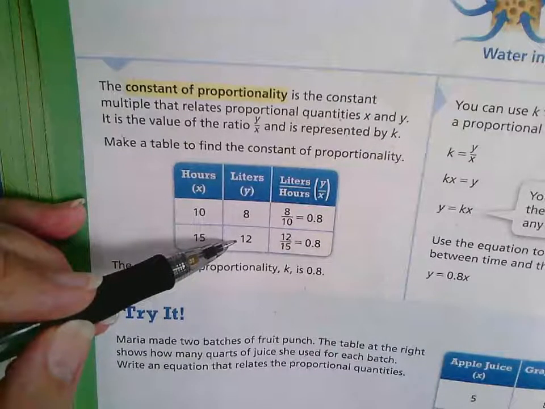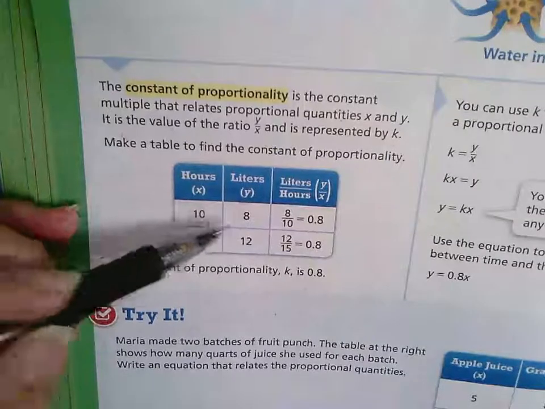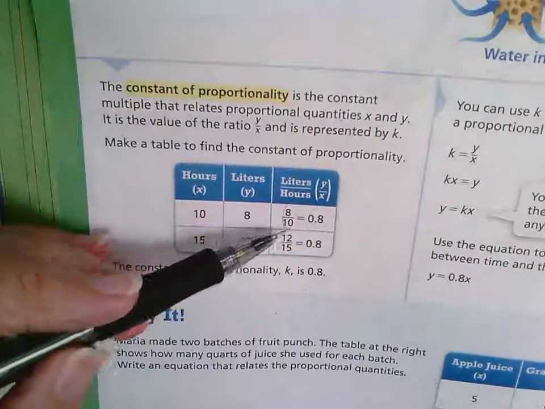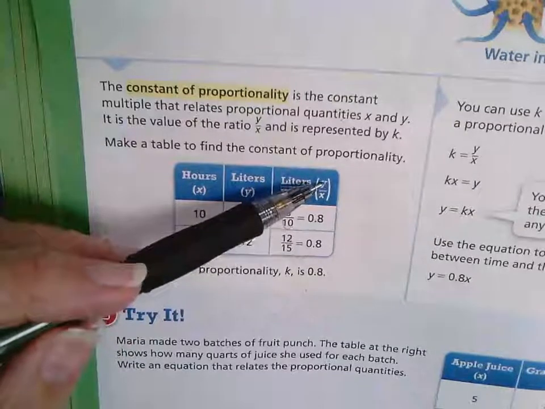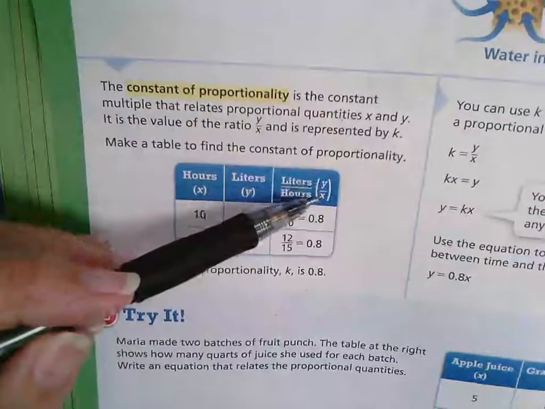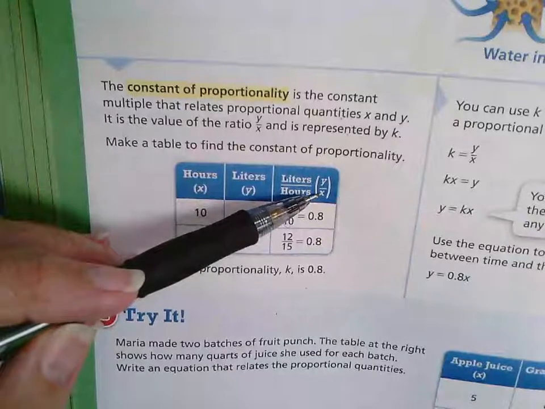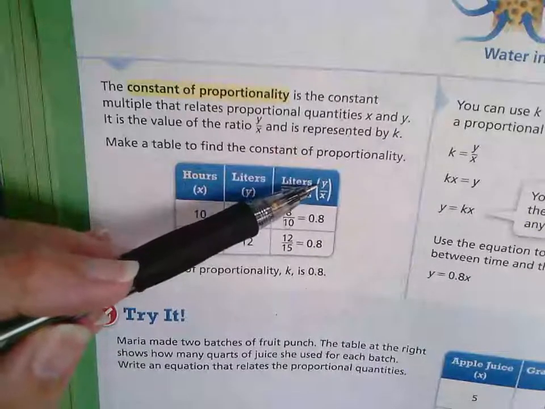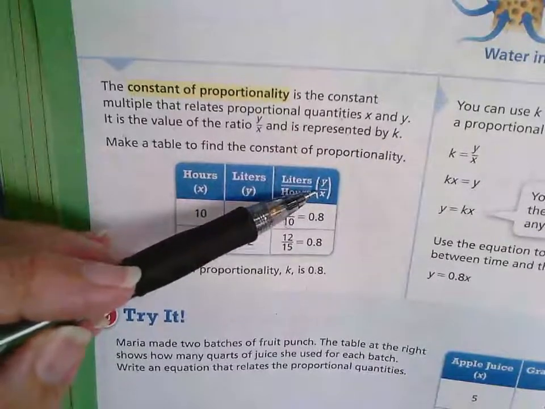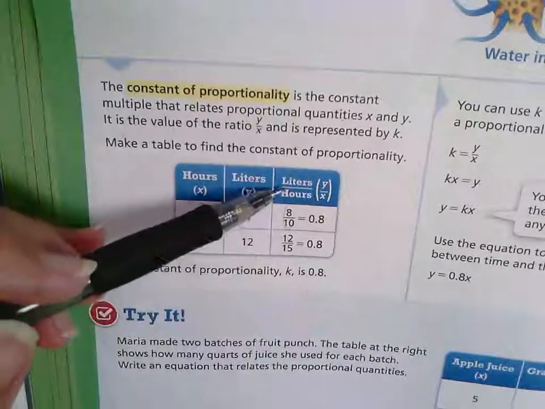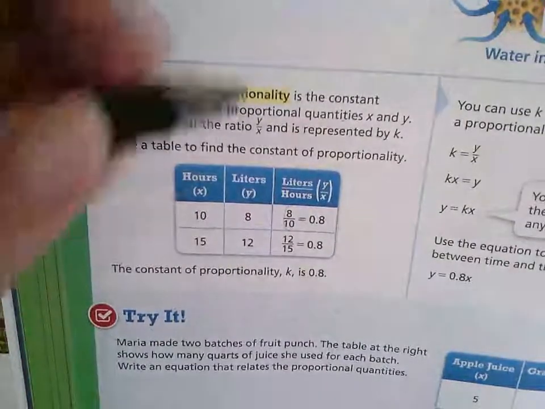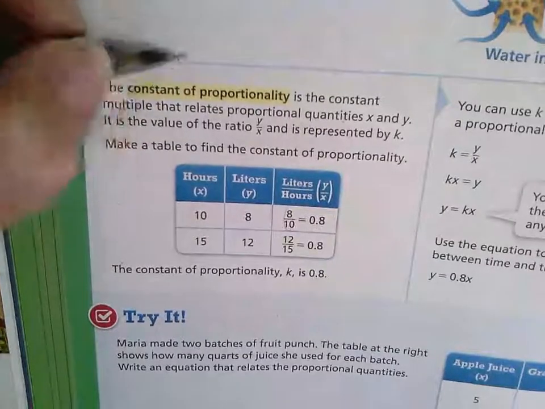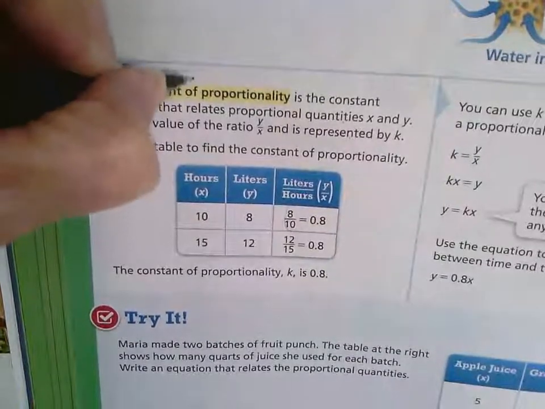So to see if these ratios 8/10 and 12/15 are proportional, we set them up, and we always put the y value on top and the x value on the bottom. In other words, y is the first term, x is the second term. And it becomes liters per hour. The constant of proportionality really is nothing more than a unit rate.